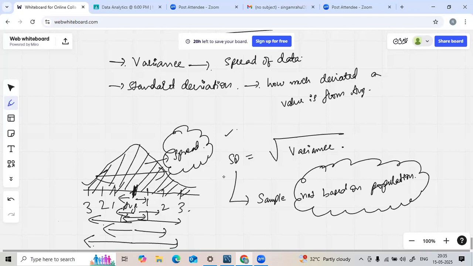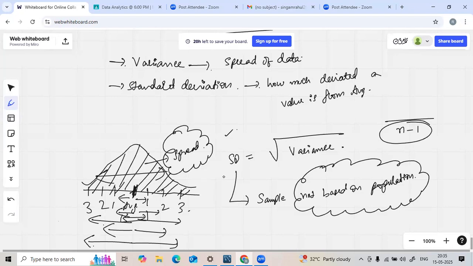Clear? So I'll try to explain these things when we go through some functionalities in tomorrow's or day after tomorrow's session. While we are performing the calculations for sample variance and standard deviation, you'll be using n minus 1 in the denominator. Why we use n minus 1 is: whatever the sample size you have, minus 1.